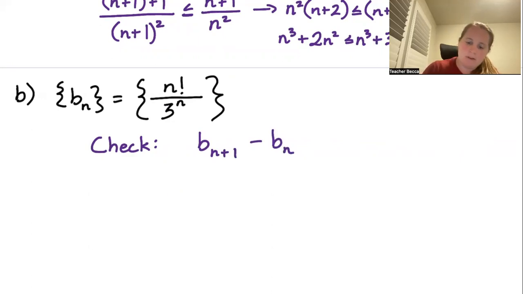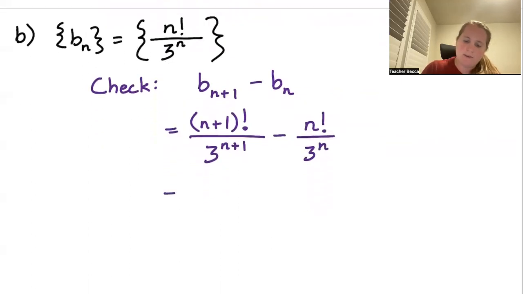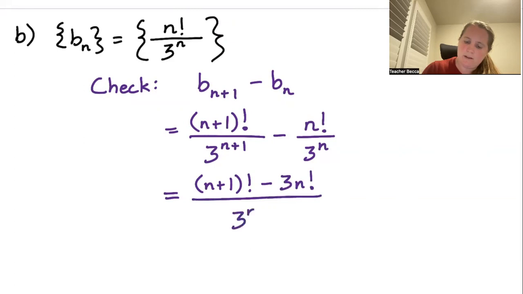So b sub n plus 1 would be (n plus 1) factorial over 3 to the n plus 1. We are subtracting off b sub n, which would be n factorial over 3 to the n. If we multiply that second fraction by 3 over 3, we'll have (n plus 1) factorial minus 3 times n factorial, all over 3 to the n plus 1. And we want to know, how does this compare to 0?